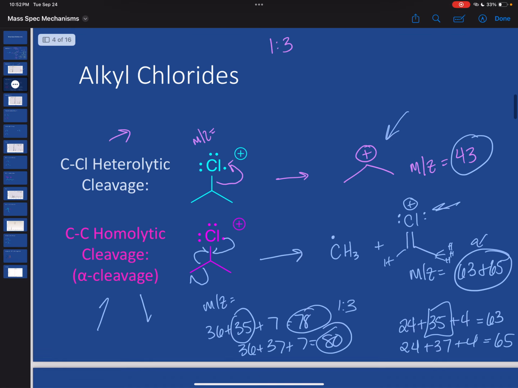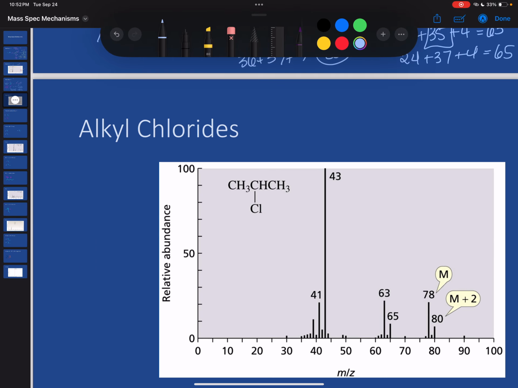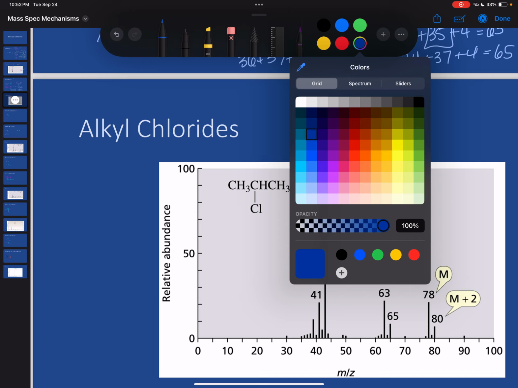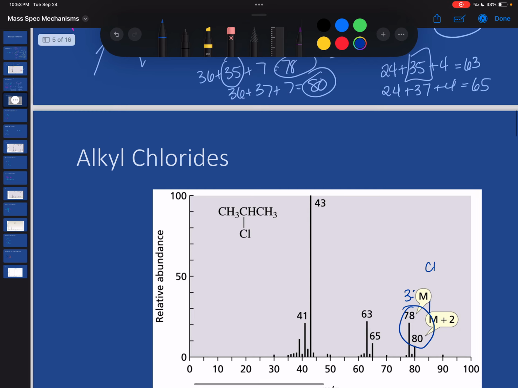So let's look at the spectrum. I have my 80 and 78, and I do see that this is a 3:1 ratio. That signifies that chlorine is present. I also have that 65, 63 also at a 3:1 ratio.